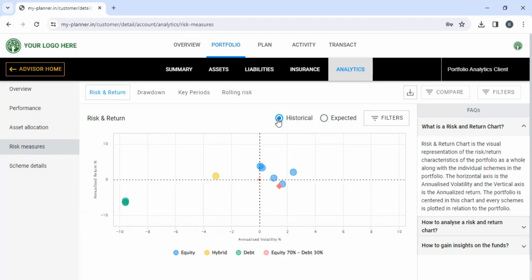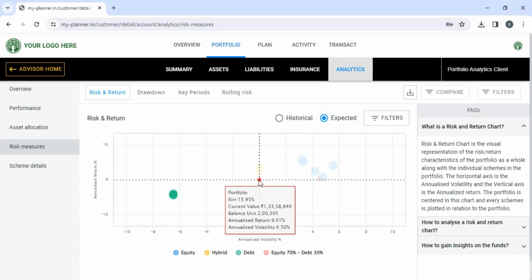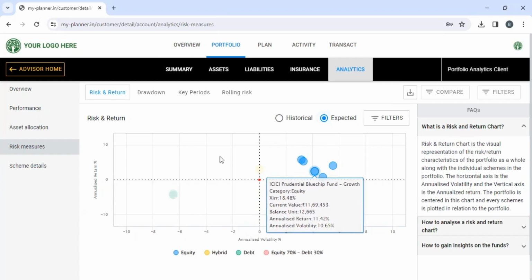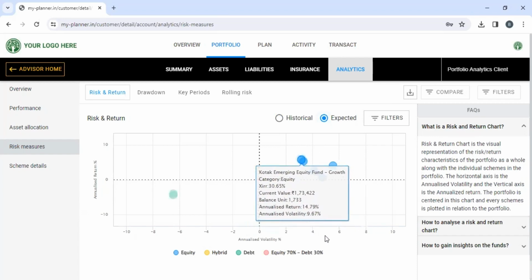Expected is again a very statistical figure. Historical is what we generate from the portfolio NAV chart, those time series. Expected follows some portfolio theory aspects of these risky assets in a particular proportion, how my portfolio is expected to work in the next year. The portfolio still remains in the middle section, but the absolute values and the respective position of these schemes also change.